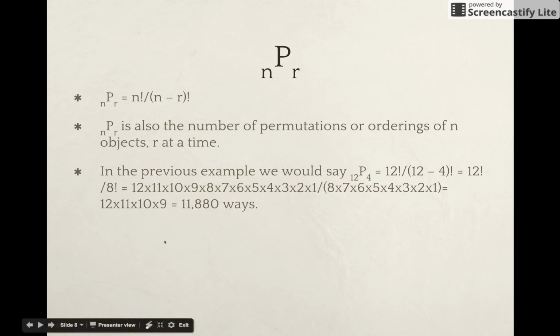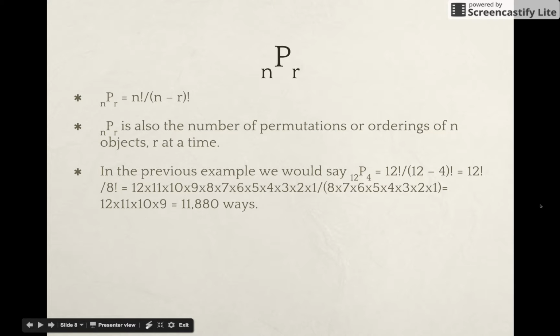Example 3 is what we call a permutation or an ordering of n objects r at a time. In that case, we had 12 people that we were ordering 4 at a time because there were 4 offices that we were electing people to. There's a formula for evaluating this nPr, this n objects arranged r at a time. It's n factorial divided by n minus r factorial.